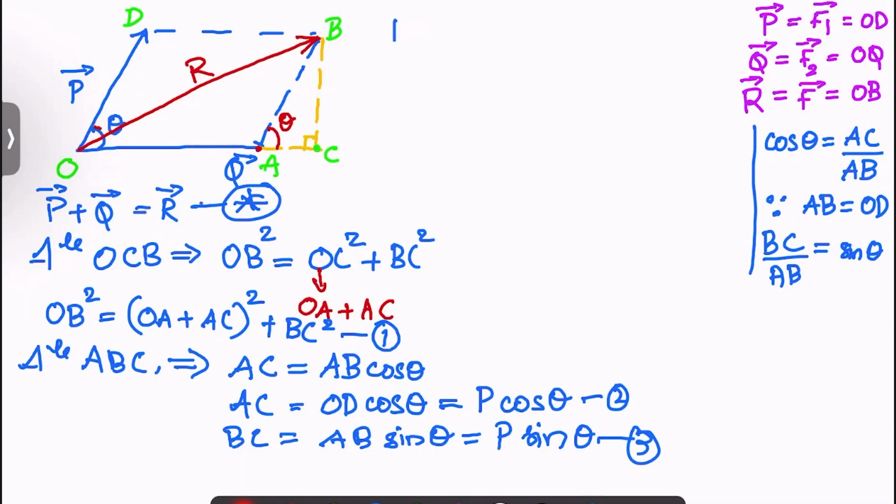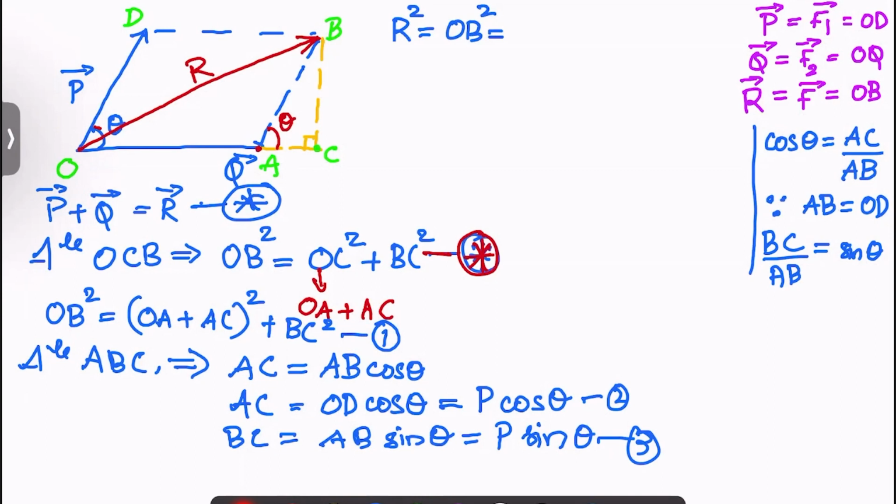We have to write this equation, right? We will be substituting in this equation. Substituting in this equation, R square equal to OB square equal to what? OC square.